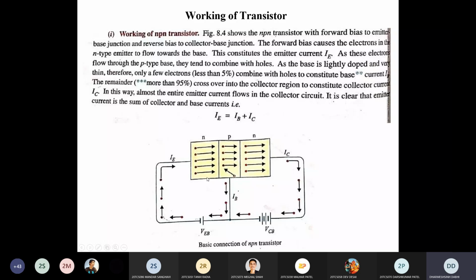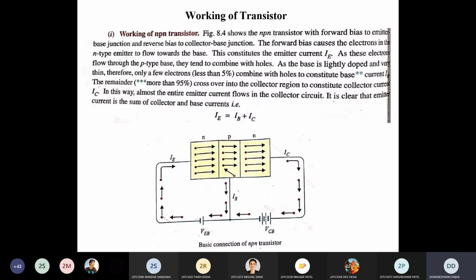Clear? You can see that when electrons flow from the N type, some flow into this circuit, but most of the electrons flow into the collector terminal. Only 5% of electrons combine with the holes, so that remains in this region, but most of the electrons, more than 95%, reach the collector region. So the base current is always a very small amount, and we can say that the emitter current is nearly equal, or approximately equal, to the collector current.